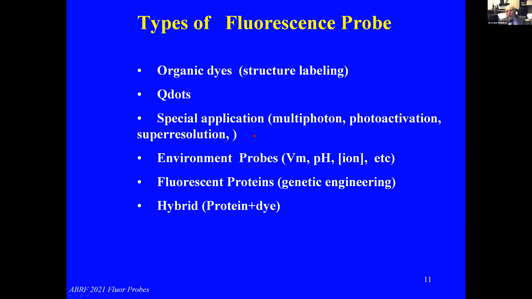There are environment probes for sensing membrane voltage, pH of the medium, ion concentration, some proteins, and of course, fluorescent proteins that can be genetically engineered, and hybrid probes that can be a combination of protein and organic dye.